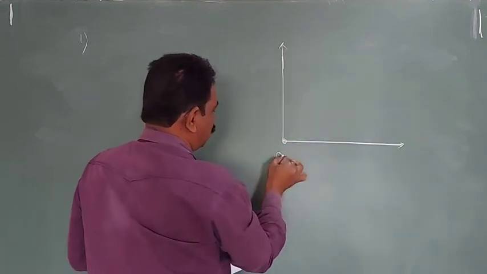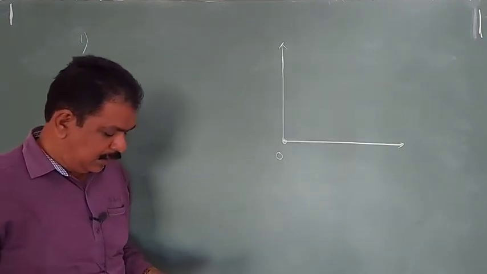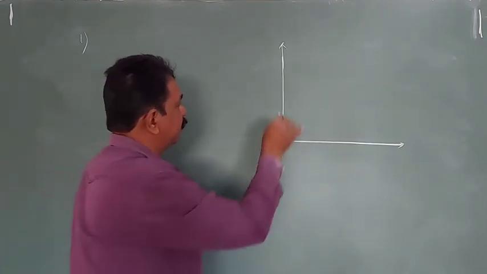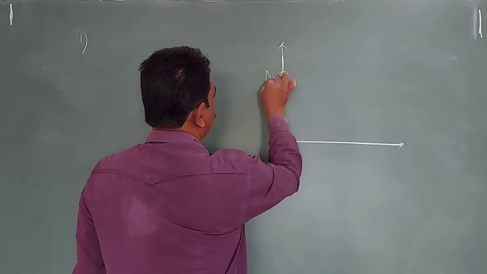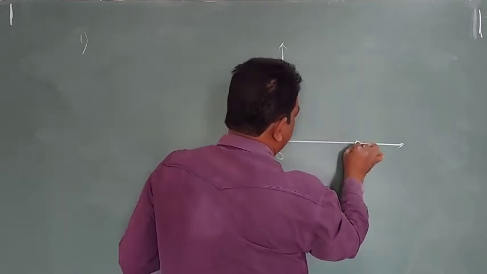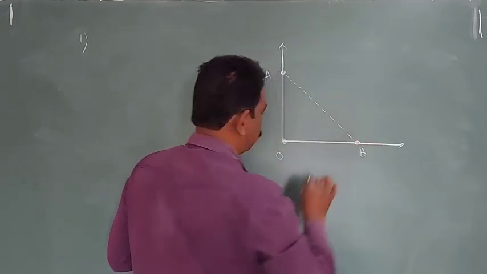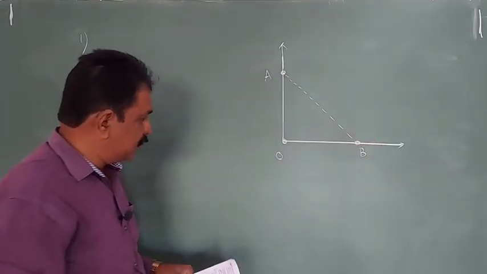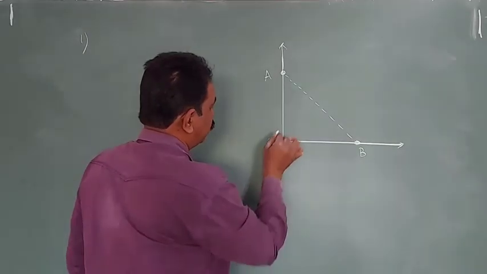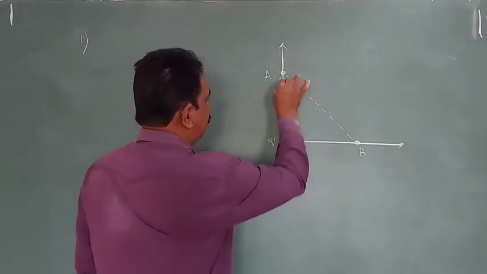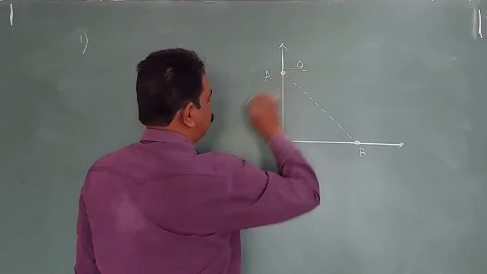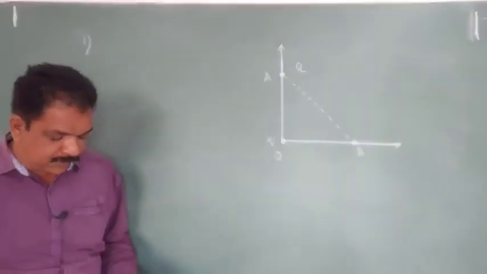Here, this is O, here this is A, here this will be B, here this is Q, here it will be minus Q. What is the question?